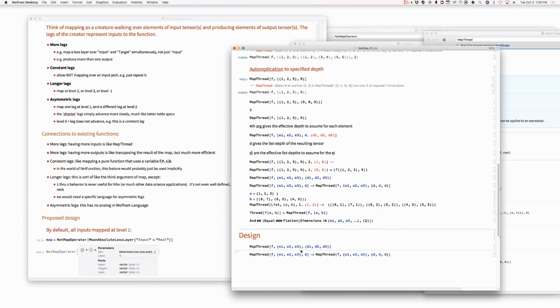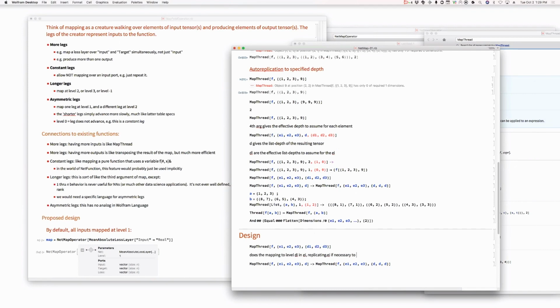So wait a minute. Does the mapping to level D sub I in E sub I replicate E sub I if necessary? It's actually replicating the other E sub I's. So if one of the E's is deeper than the others and you're mapping over it deeper than the others.